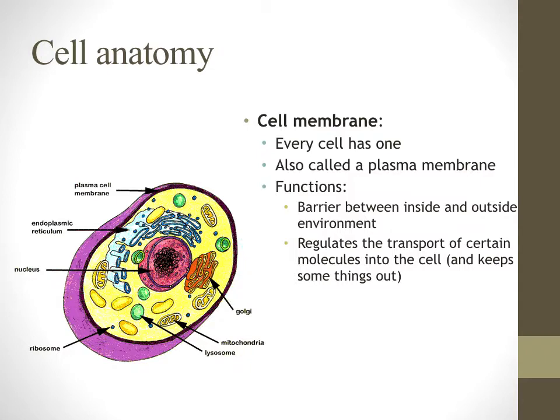And there's going to be transport of nutrients and electrolytes and action potentials if we're talking about nerve cells. This is all going to be regulated by that outside lining or outside membrane of the cell. And in this particular image, it's that purple plasma cell membrane. So that's what we're looking at, the outer portion of the cell.